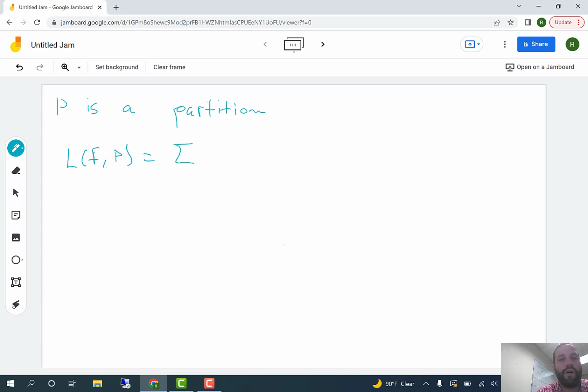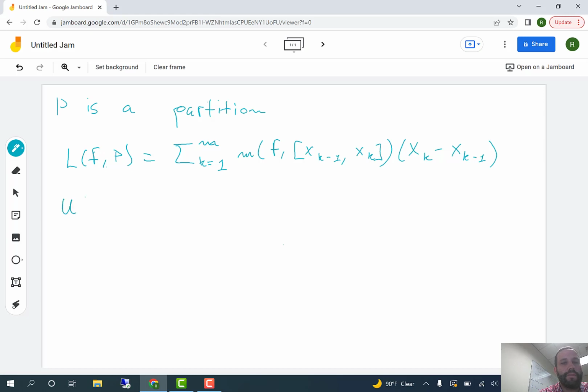We're going to sum over all of the elements of the partition, and we're going to look at the minimum of f over the interval x_{k-1} to x_k. I think the book uses t's. And then we multiply it by x_k minus x_{k-1}.